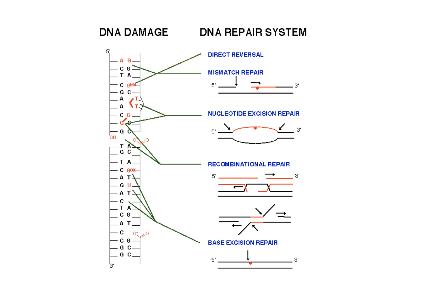Here's another illustration of some of those repair mechanisms, as well as another one. So the one that I didn't mention before is direct reversal. So there are systems in bacteria where if a mutation is discovered, then there's a removal of the offending base, the mutated base, and insertion of the correct base in that part.